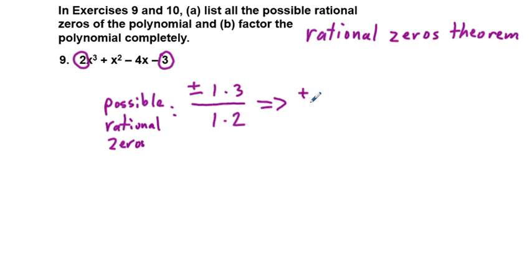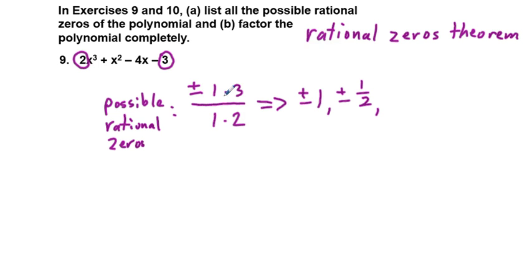We have plus or minus 1, right, because 1 over 1, and then 1 over 2. So everything's plus or minus: plus or minus 1/2.